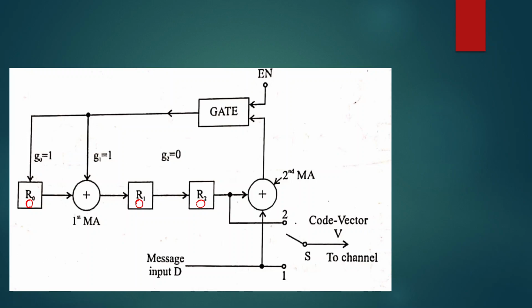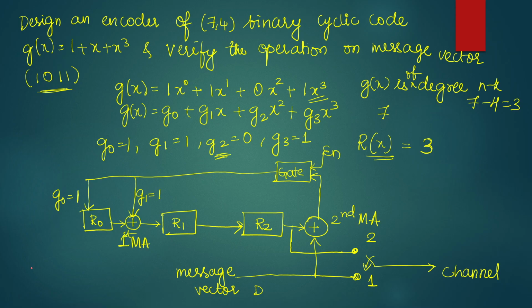Our assumption is, whenever a clock is applied, whatever is present on the input side will enter into the register and the last bit will come out as an output. Now the message for which we need to find the code vector is 1011.